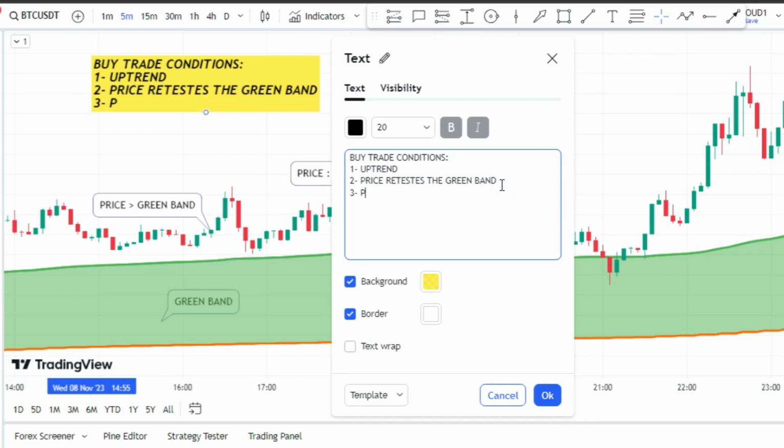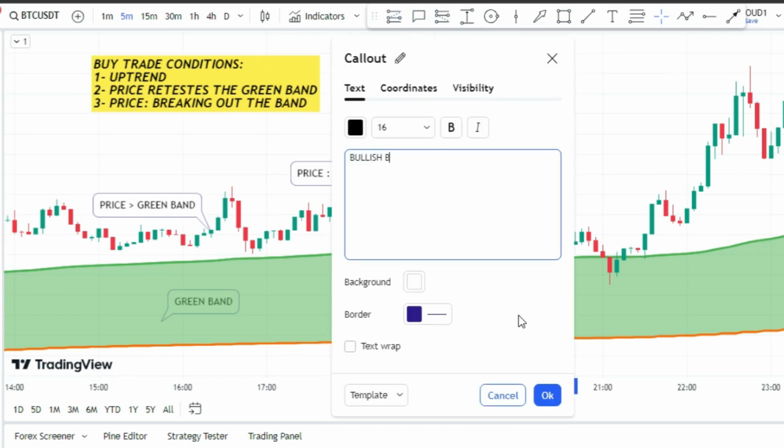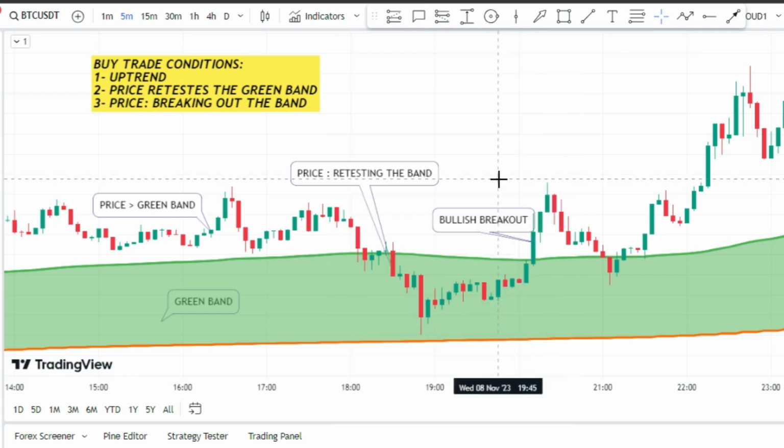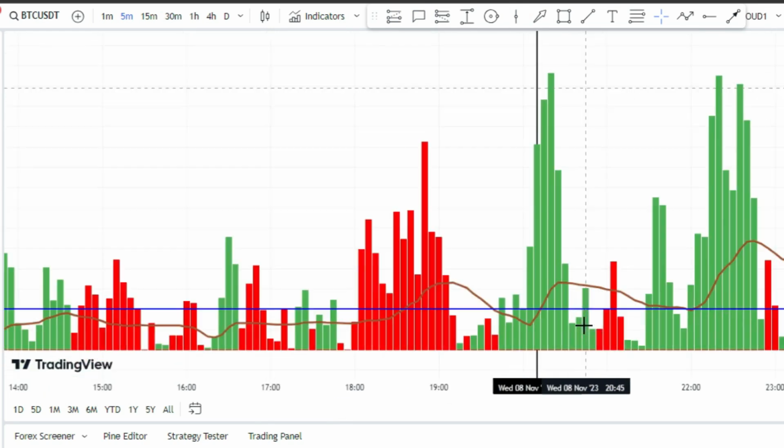After that, we look for the price to break out of the green ribbon. Finally, to confirm the buy signal, we need the WAE indicator to validate this signal.